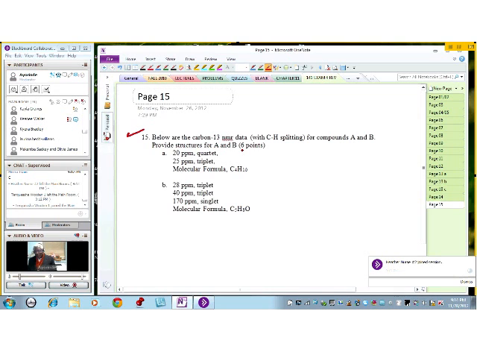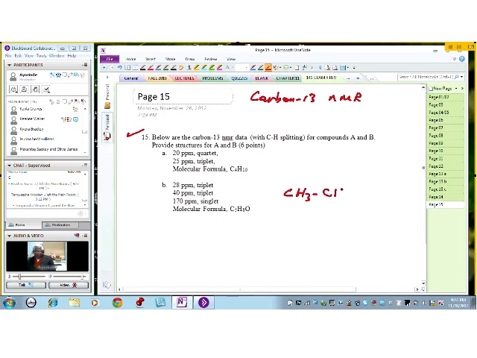Now, before we do this, let me give you a little bit of information. With respect to carbon-13 NMR, the rules are similar to the proton NMR. Say we have this molecule here.